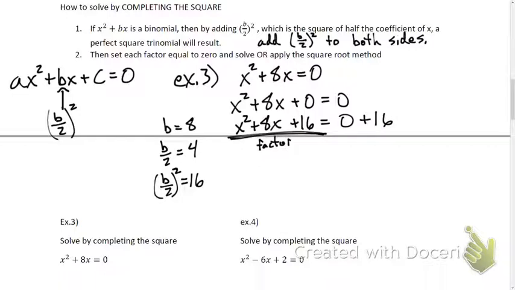I need two numbers that multiply to 16 but add to 8. And it's typically, if you do it right, b over 2, which was 4. Then I can combine those two parentheses, because they're the same thing, into x plus 4 squared, and then use what we just learned a second ago, square root both sides.